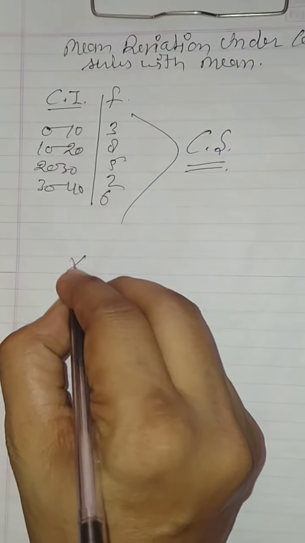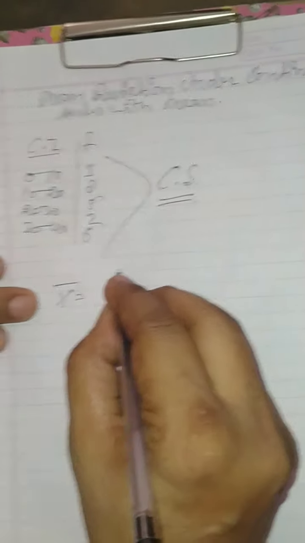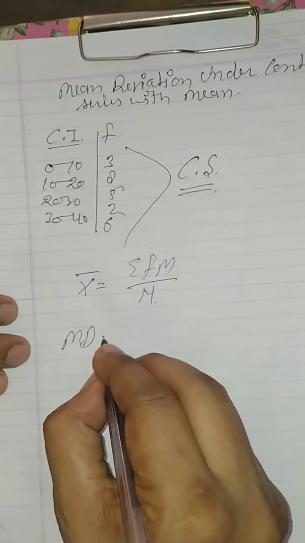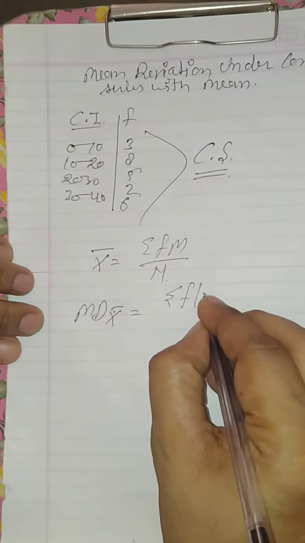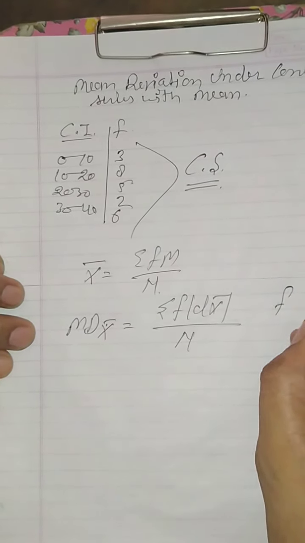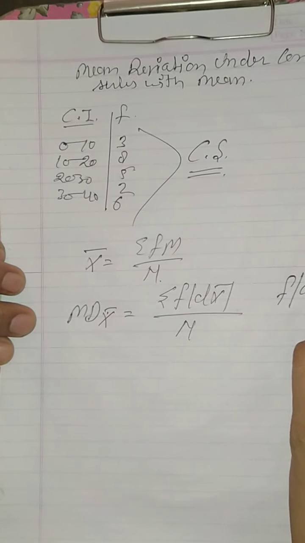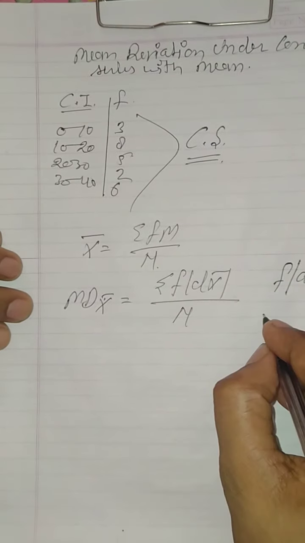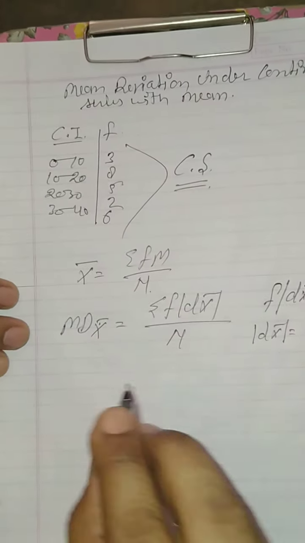First of all, we will find out mean under continuous series with the help of direct method. So, mean x bar is equal to summation fm divided by n. After that, we will apply the mean deviation by mean formula: summation f |d|, that is f into |d|, divided by n, and |d| is equal to x minus x bar.